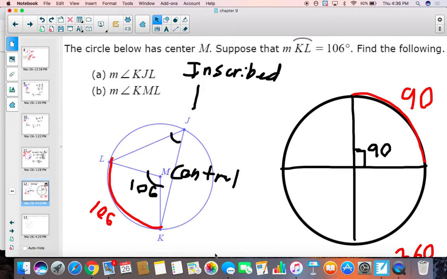And then we said my inscribed angle is just half of my central angle, right? So to find my inscribed angle, I can take 106 divided by 2. And I should get 53 degrees for my inscribed angle, and 106 degrees for my central angle.